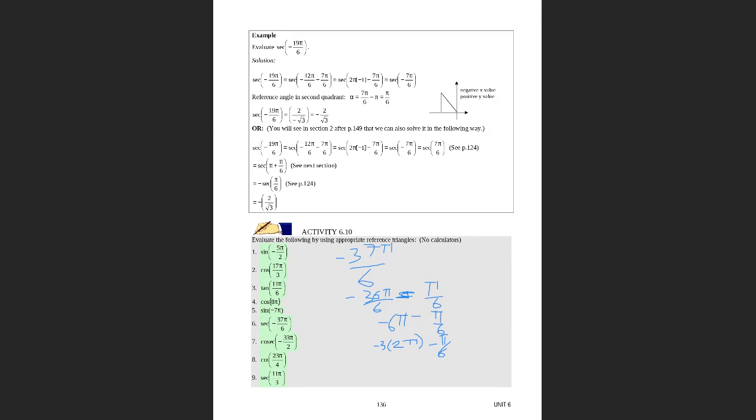So this one can easily be written as sec of minus pi over 6, which is the same as 1 over cos of minus pi over 6.